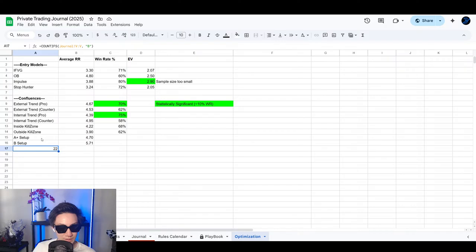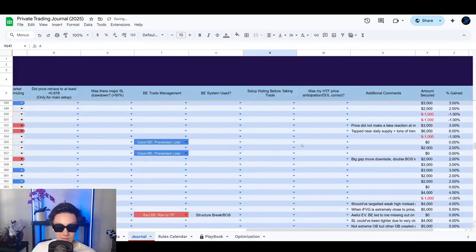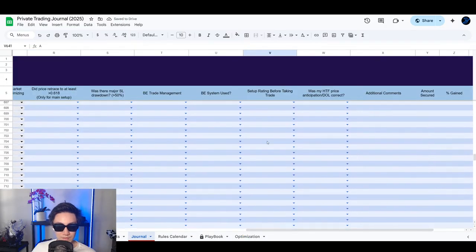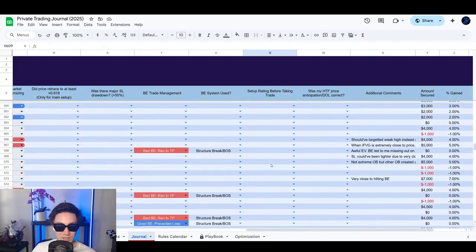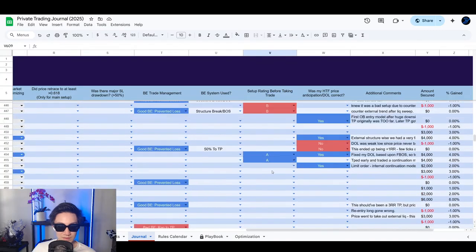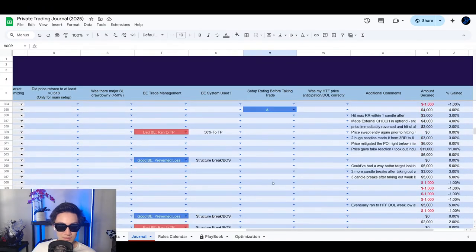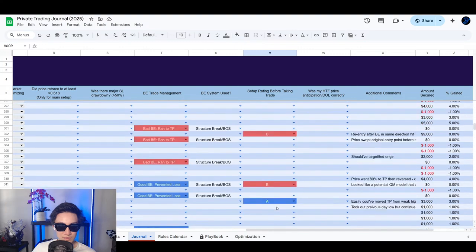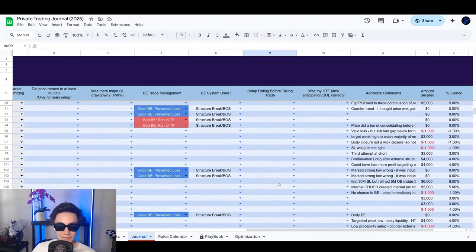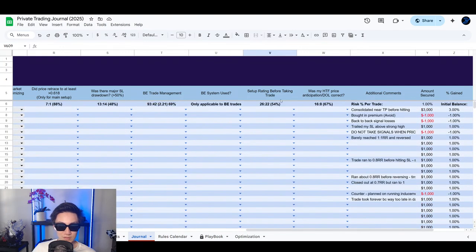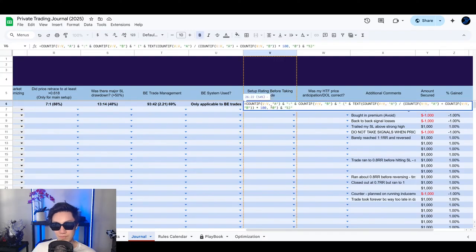Preferably I still want more data there, but about 50 trades, 48 of them, have this rating. Yeah, 48 makes rough sense here. Oh, I have it right here. Boom. That's the count formula right there.